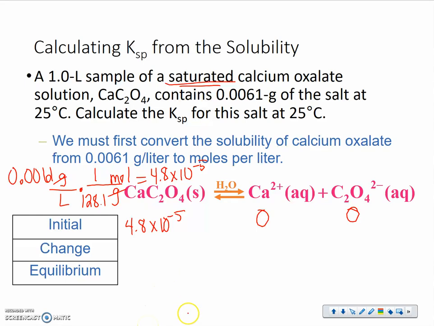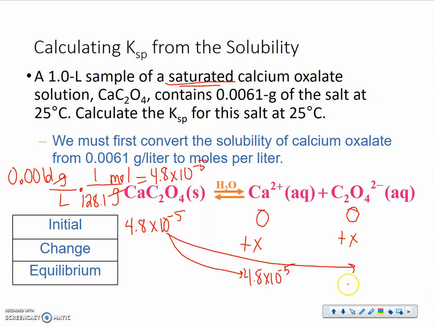So the concentration at equilibrium is going to be the same as what we started with. This is going to go up by some amount, and this is going to go up by some amount, but we know what it's going to end up being for both, because all of this is going to break apart if it's saturated. None of it is going to remain whole.